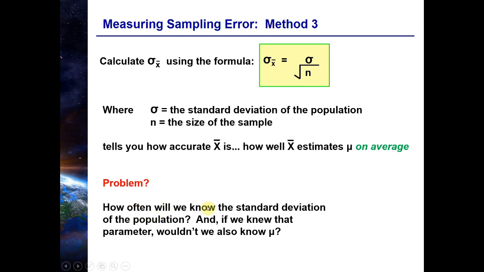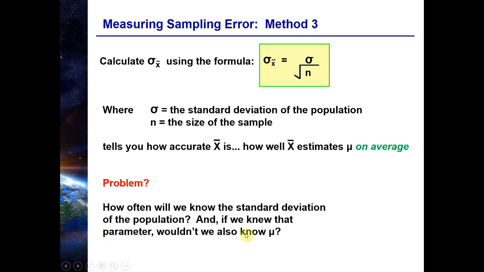How often do we know the standard deviation of the population? Remember, 99.99 times out of 100, we don't have access to the entire population. So we don't know what the standard deviation is. And if we did know the standard deviation, that means we know the parameters of the population.